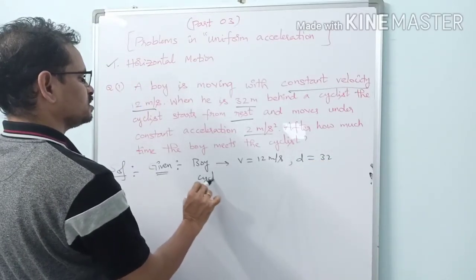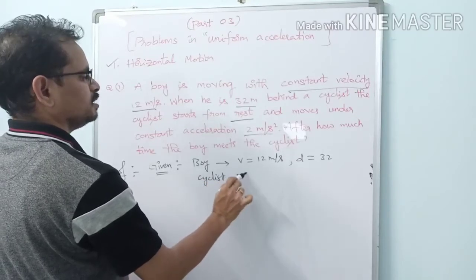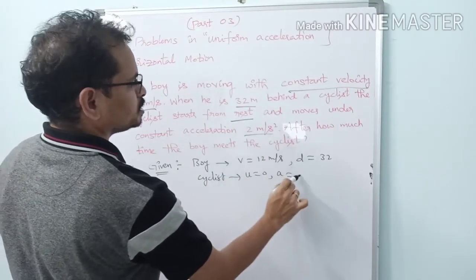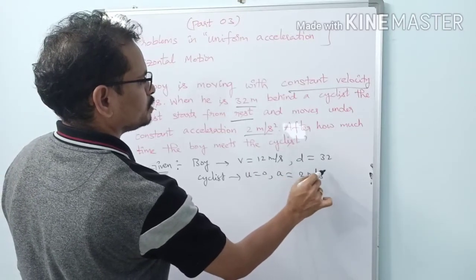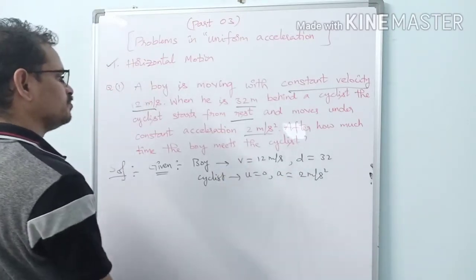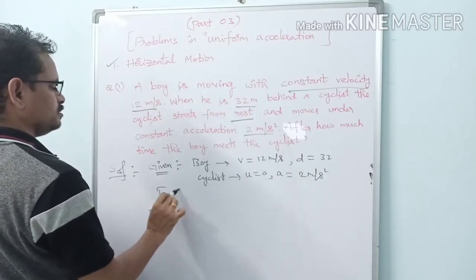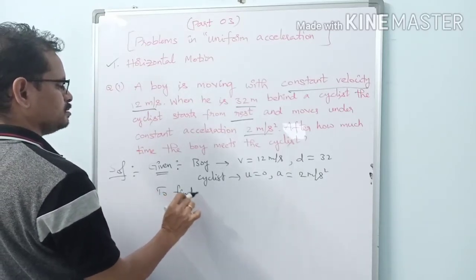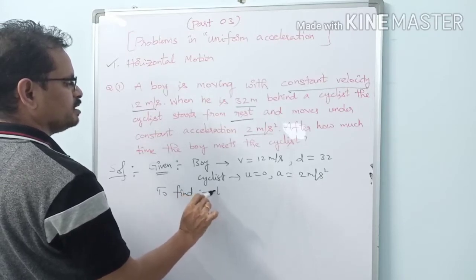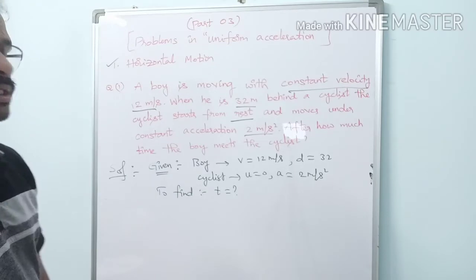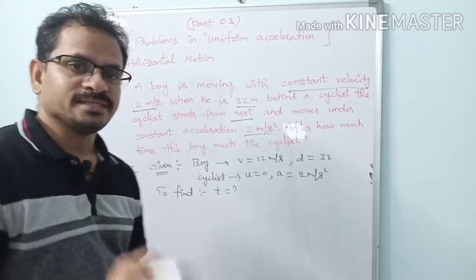And for the cyclist, initial velocity U equal to 0 and acceleration is 2 meters per second square. To find: time t equal to how much? After how much time does the boy meet the cyclist?